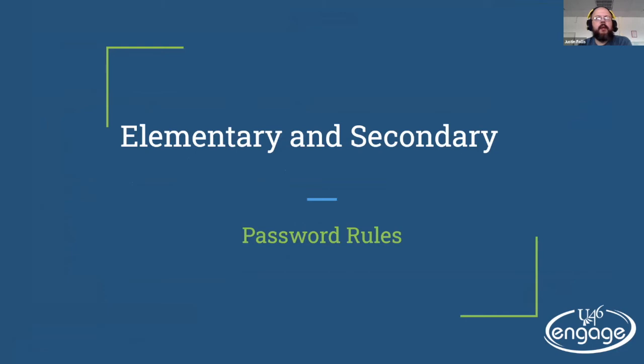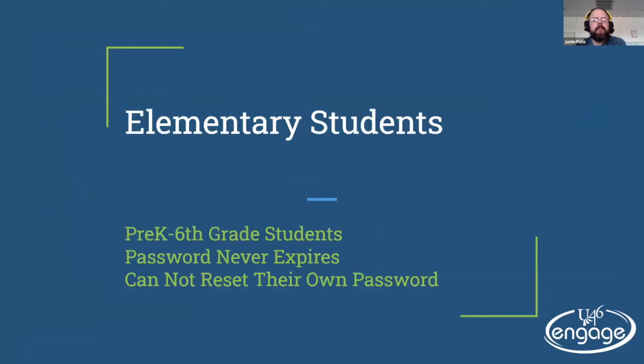Let's now go over student password management. Elementary and secondary student password management is a little different, so let's quickly talk about each of them. Elementary students, so pre-K through 6th, their password never expires. They also cannot reset their own password.